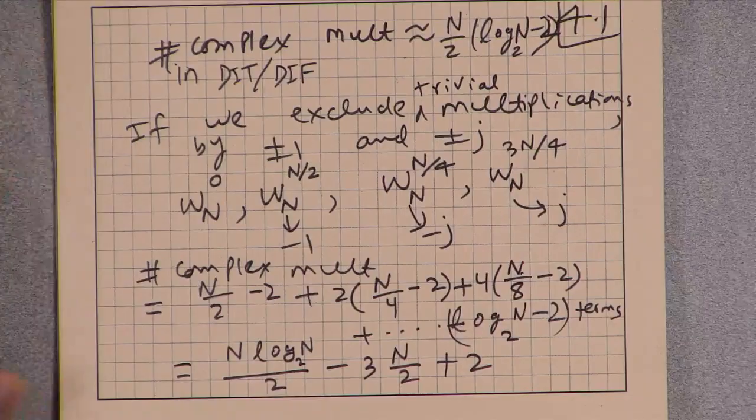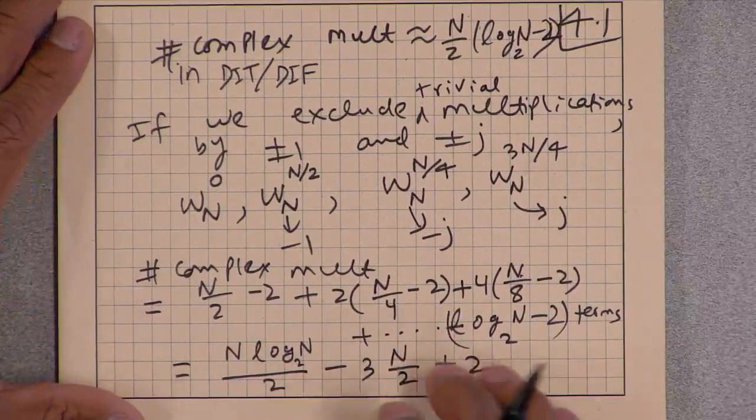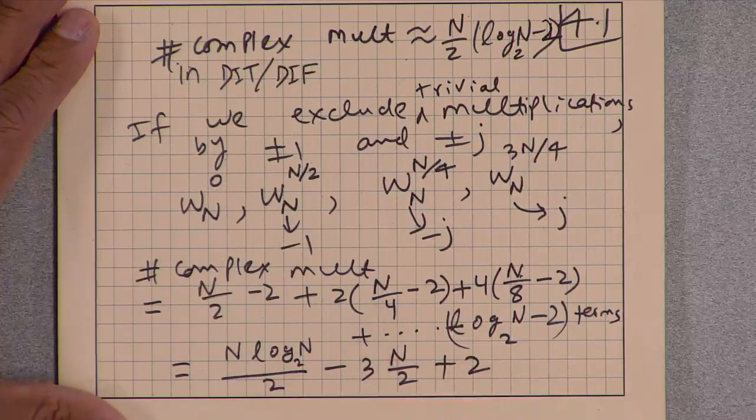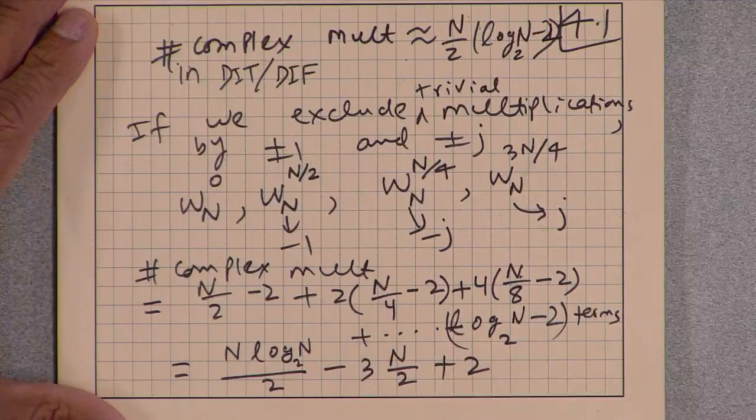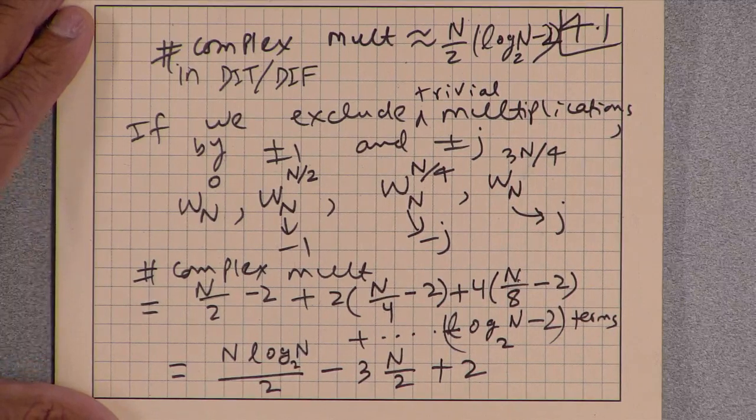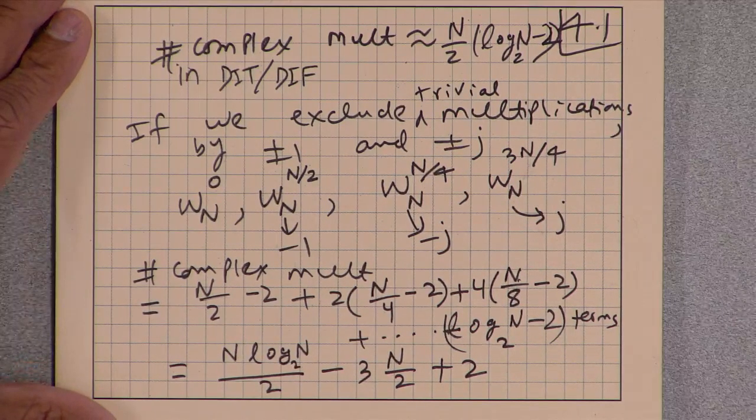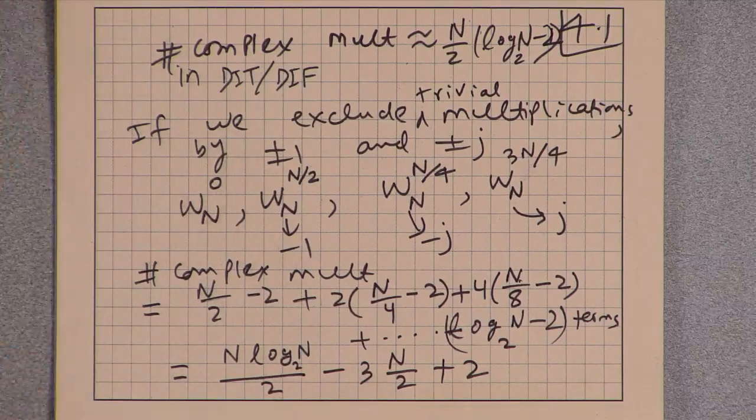A little arithmetic, you should be able to check at home. So what that problem is really asking you is to use that number as the number of complex multiplications for each DIT or DIF structure. And so let's now go back to that homework problem.